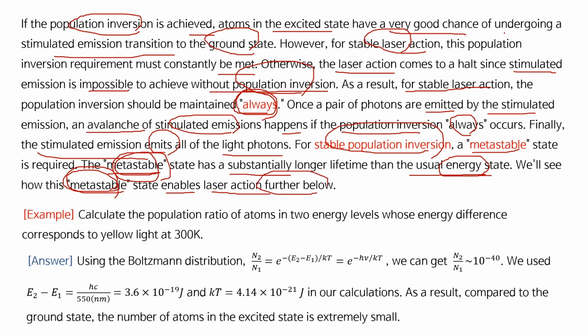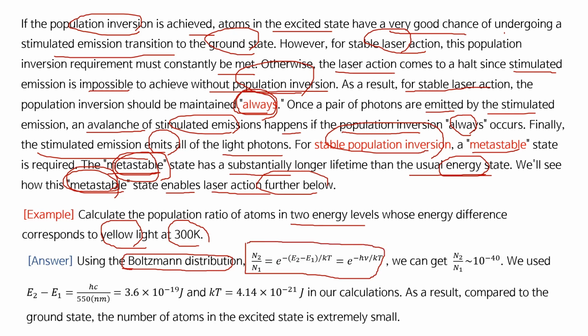Now let's calculate the population ratio of atoms in two energy levels whose energy difference corresponds to yellow light at 300 Kelvin. Using the Boltzmann distribution, we already saw this. The ratio of number of atoms in excited state to that in the ground state is given by the Boltzmann distribution. E2 minus E1 is the difference between two energy states, and kT is the thermal energy.